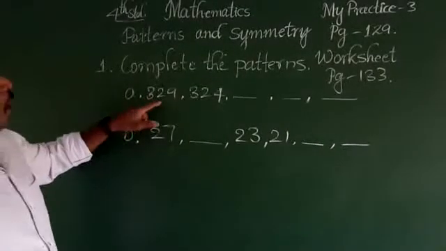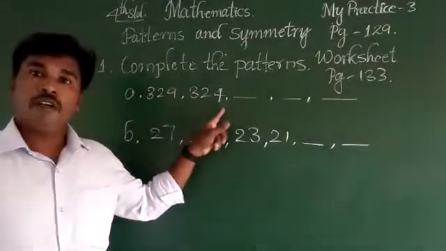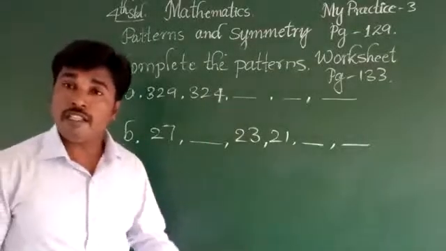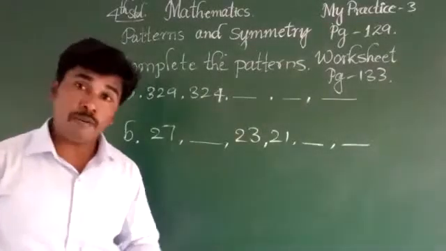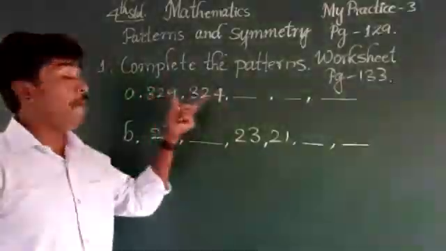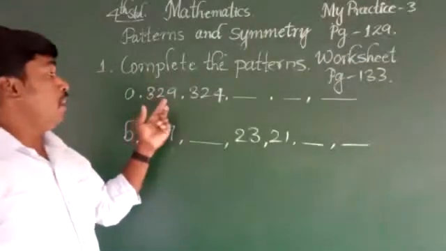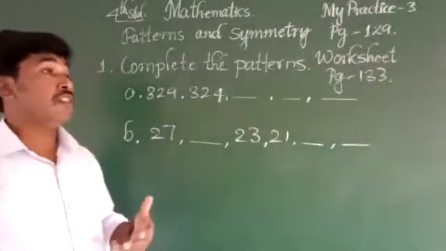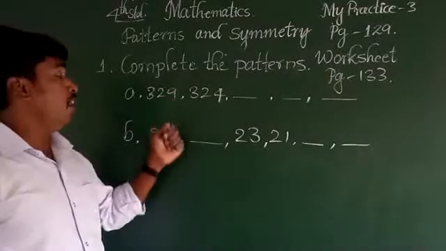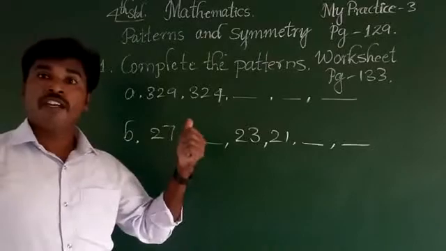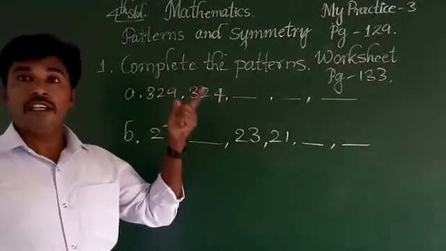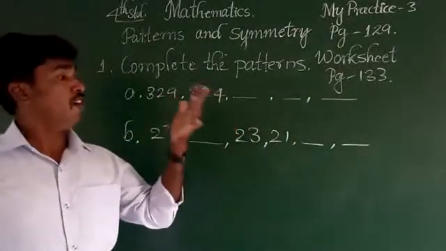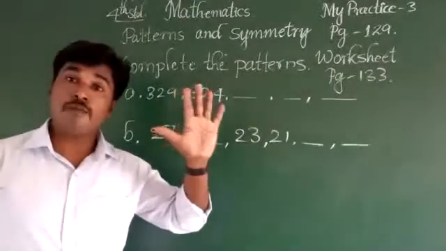Dear children, 329, 324. Is it increased, decreased, multiplied or divided? Observe the pattern here. 329, 324: decreasing. By how many? 29, 28, 27, 26, 25, 24. It is decreased by 5.